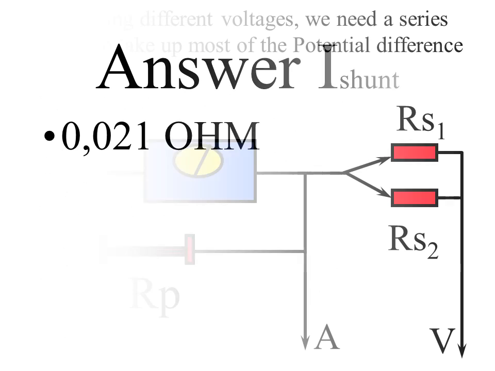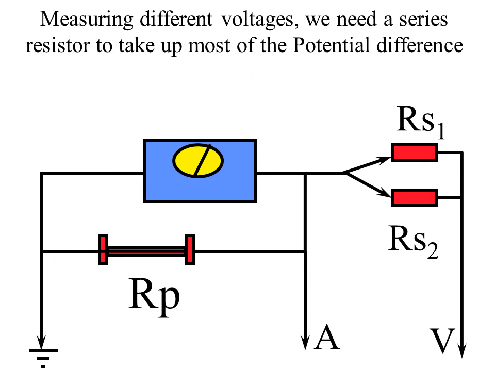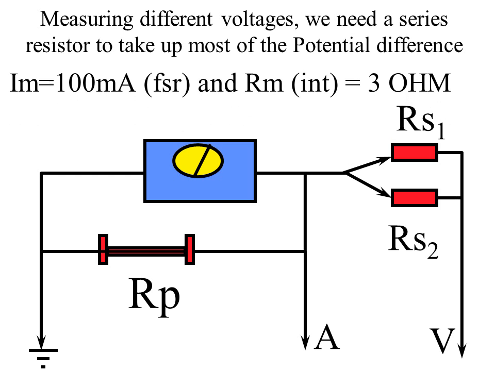Measuring different voltages, we need a series resistor to take up most of the potential difference. Let us consider the next scenario. Im equals 100 milliamperes and Rm, that's the internal resistance, equals 3 ohms. Rs1 and Rs2 represent two different scale selections.